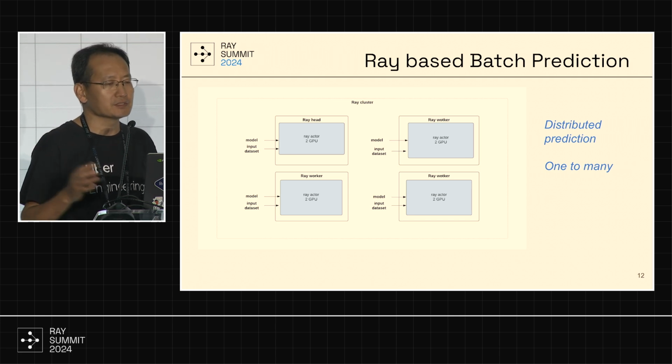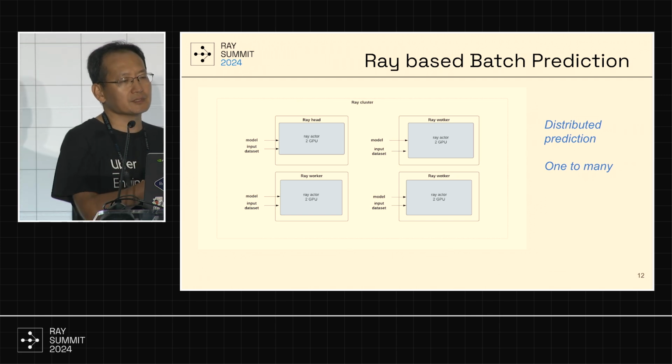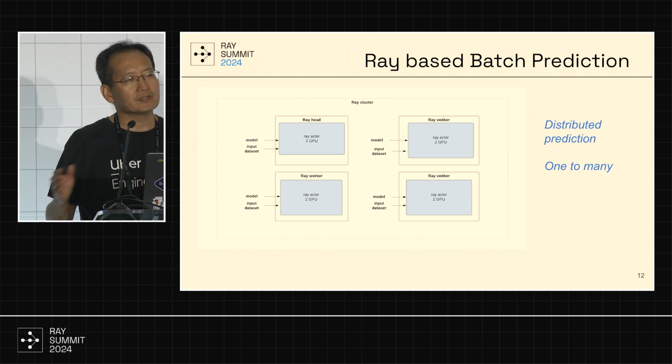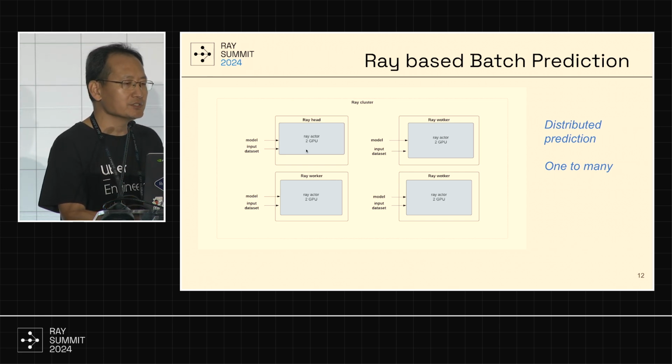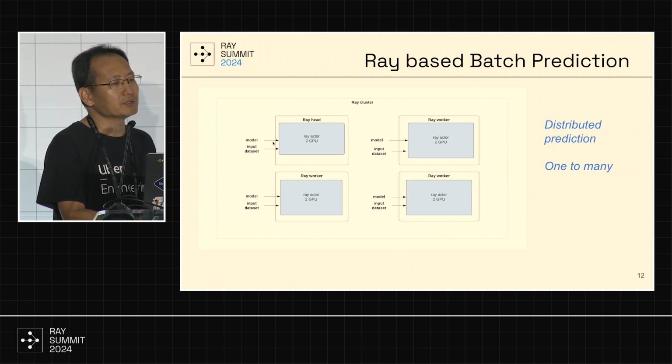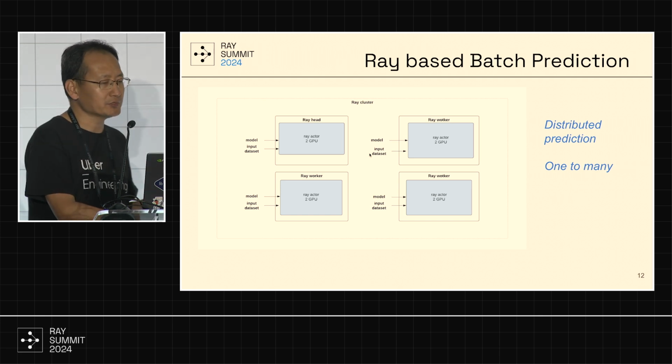The good thing is that often you need online-offline consistency, so for offline you get the same result as the online. Each of the Ray workers and the Ray head works like an independent node to get the model, get the input, and get the output. So you probably need to leverage Ray to do some partitioning, then result aggregation.